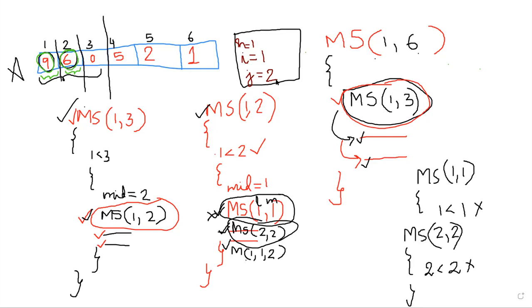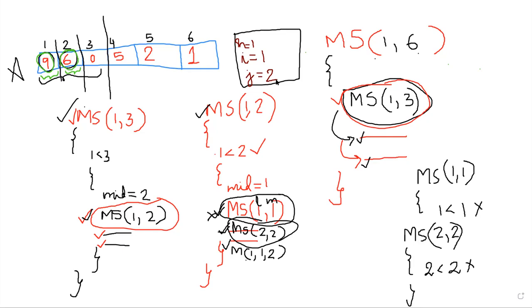Inside the while loop, look at statement 10. What is given? One if statement: A of h is less than or equal to A of j. It is checking whether A of h is less than or equal to A of j. What is the h value here? It is the lower index, that is 1. And what is the j value here? It is mid plus 1, that is 2.